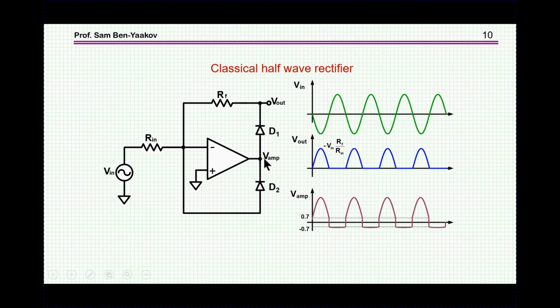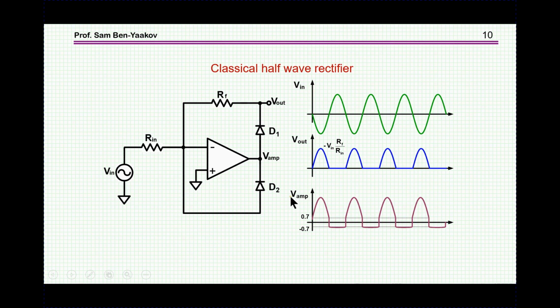Again, conduction of this diode will start at a very low voltage because of the very high gain of this amplifier. Now the purpose of the second diode is to capture, in this case, the positive voltage, and it'll be the negative output, so that the swing will be only to about 0.7 volt when this diode is conducting. It's a small swing here, and then it'll go all the way back.